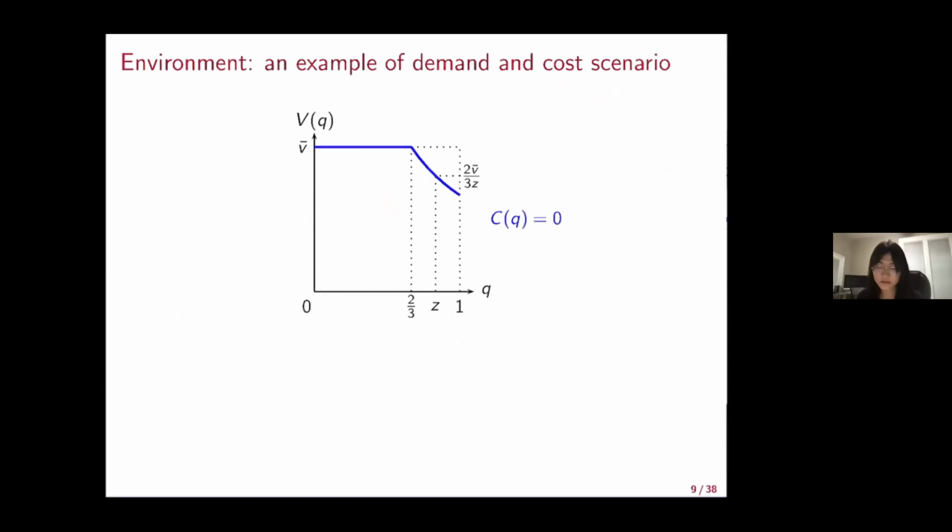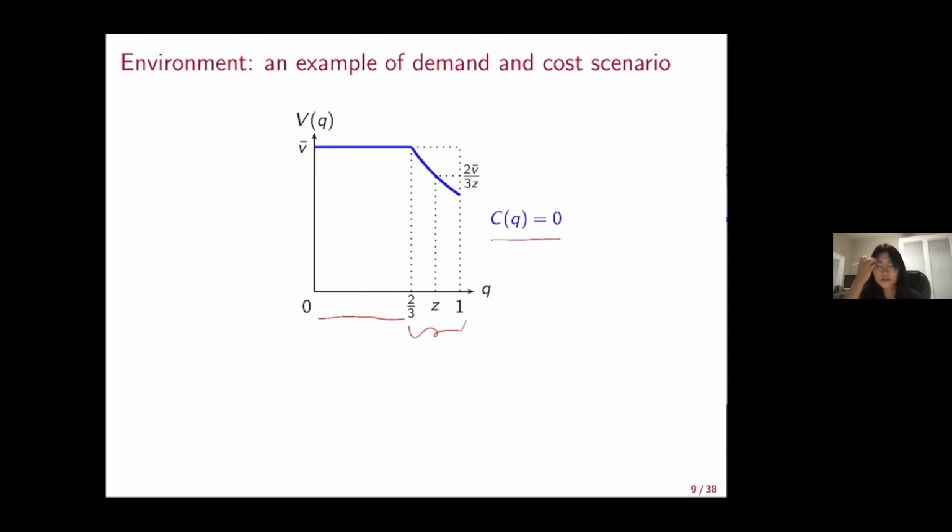So this is the kind of demand function that is likely to invite underproduction. In this demand function, the first 2/3 of the consumers have the highest valuation V upper bar, and then starting from 2/3, we have unit elastic demand, right? And the cost of production is equal to 0.